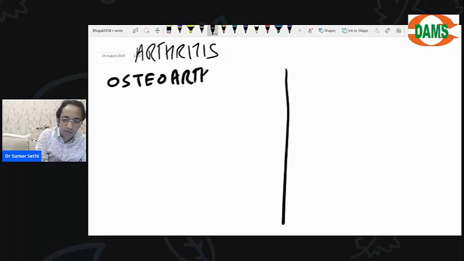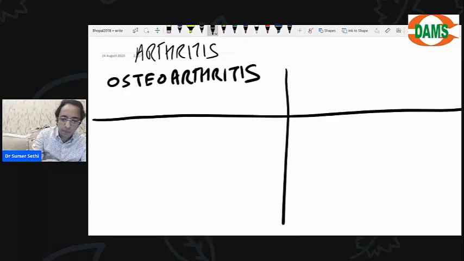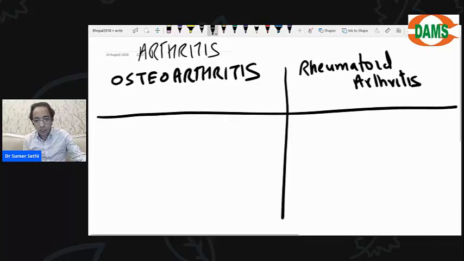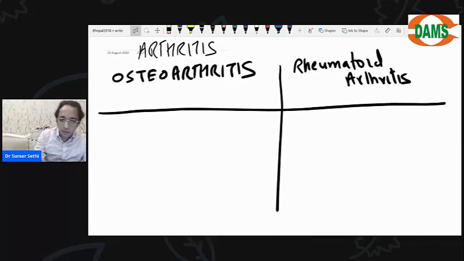I will only spend 5 minutes on it because I only want to show you the x-ray of osteoarthritis. But in orthopedics, they will spend a full day on it because joint replacement and everything is dependent on it. But I will also show you how to identify rheumatoid arthritis. I will show you what is the difference on an X-ray between osteoarthritis and rheumatoid arthritis.